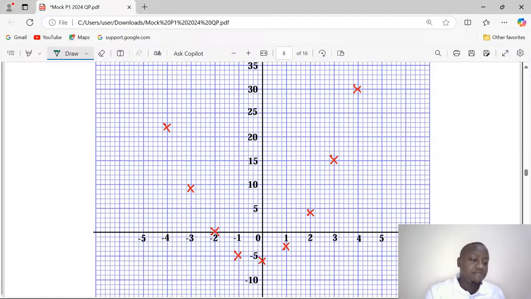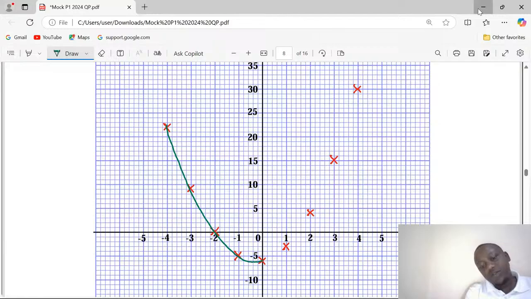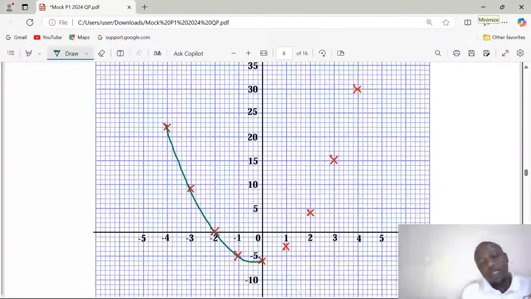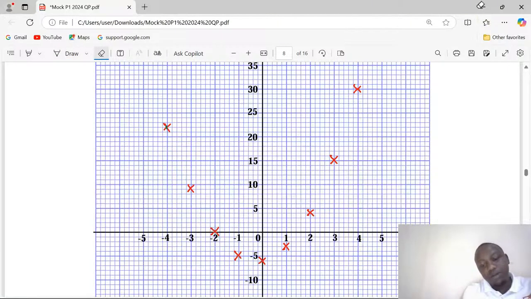So let me do the curve now, whereby I'm going to join the dots. Ladies and gentlemen, it's good to know that the curve is turning at only one point, and that is the lowest point possible.